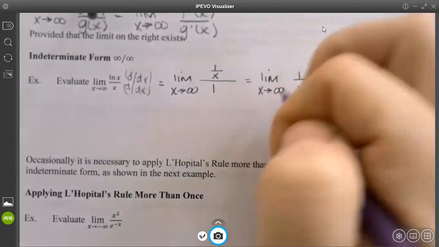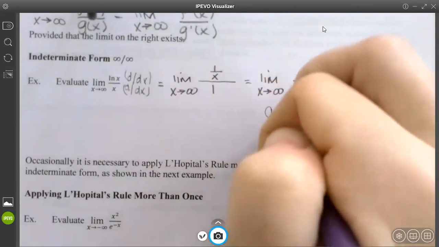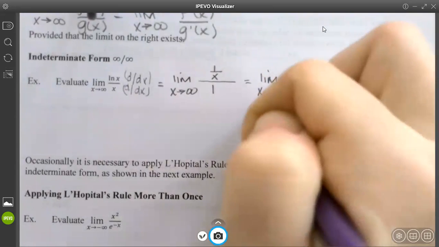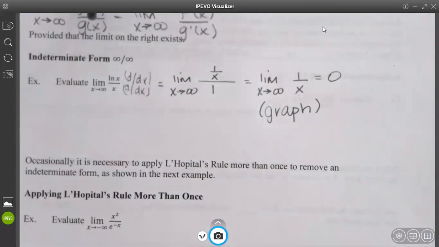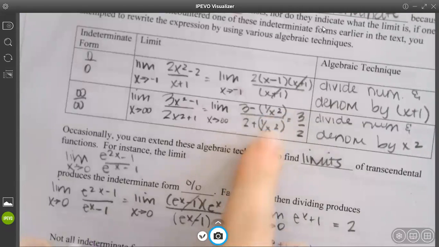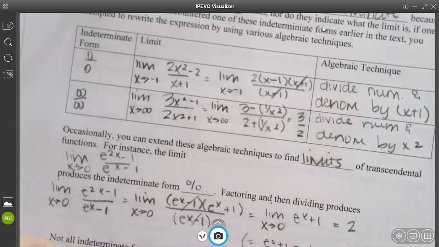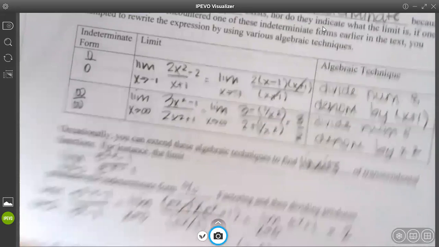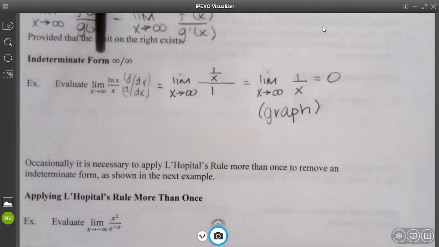I graphed this so that you could see that it goes to 0, but you should know that 1 over x gives you 0. We did that in the very beginning, when we had the 1 over x squared and the 1 over x squared, and you said it went to 0, right? So that was why we did it, so we could eliminate that. Nothing new. You already knew that.